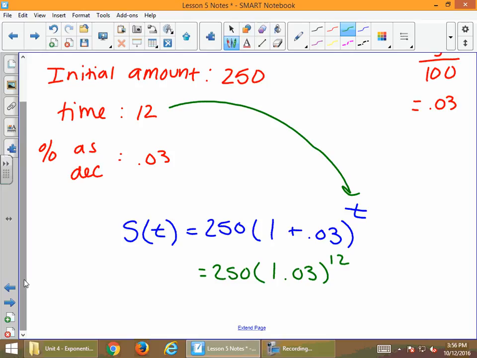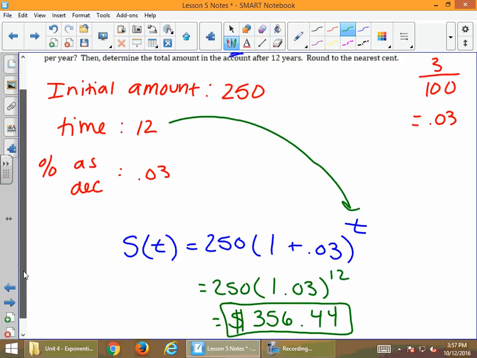Go ahead, just plug that into your calculator, and you get $356.44. Give me a minute to get that down. Scroll up just in case you need me to.